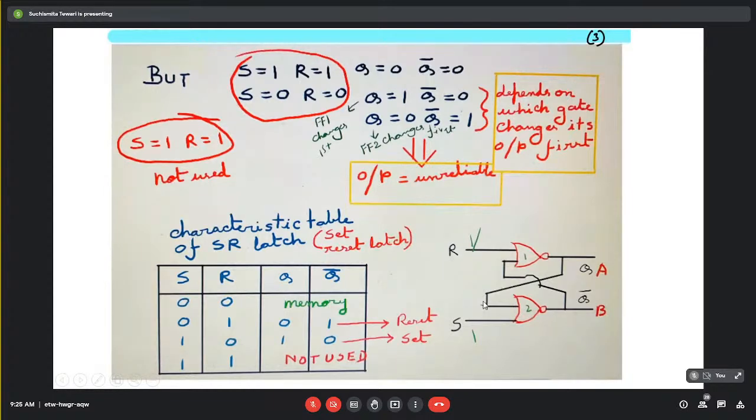You basically cannot say which NOR gate is reflecting the change of input first. Can you say that accurately? No, you cannot. Because the amount of delay that it is going to suffer traveling from input to output is actually unpredictable. Even if theoretically we are using two same NOR gates, in practice it is most likely that they suffer different amounts of delay.